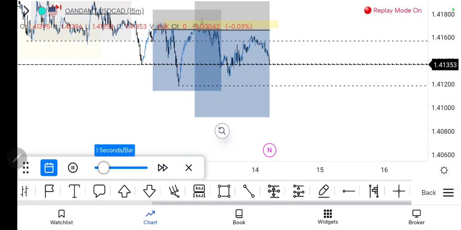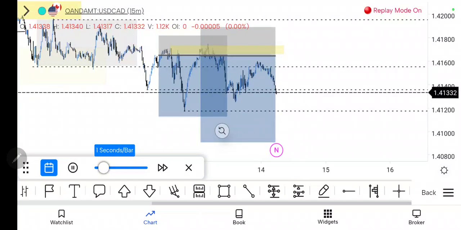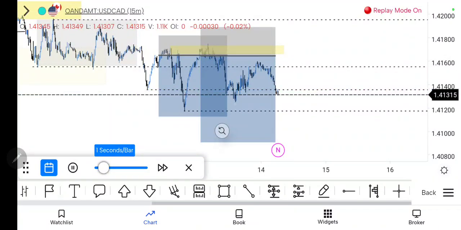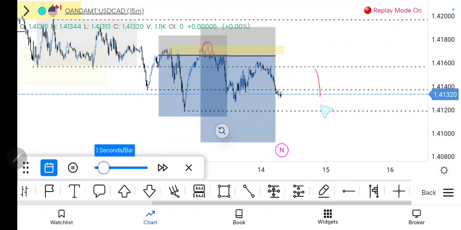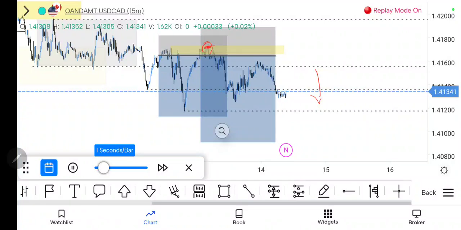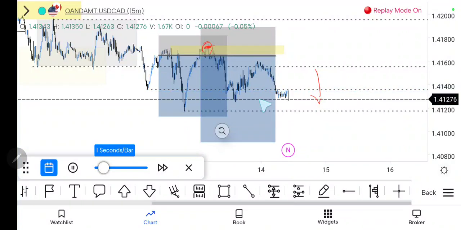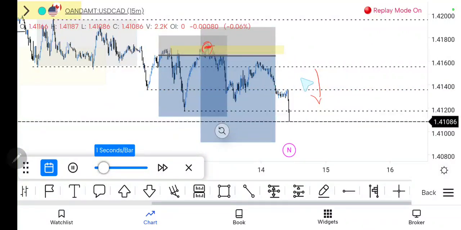So price has failed to reach this level, but still price has failed to come and take out this level, meaning that we are still moving down. So until price takes out this level, that's when we shall change our bias.